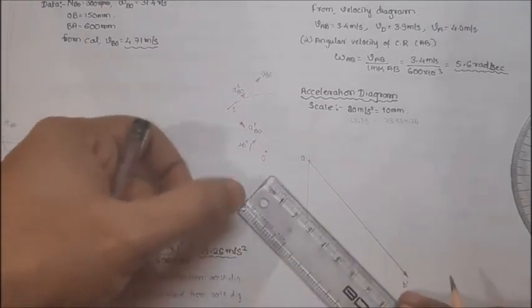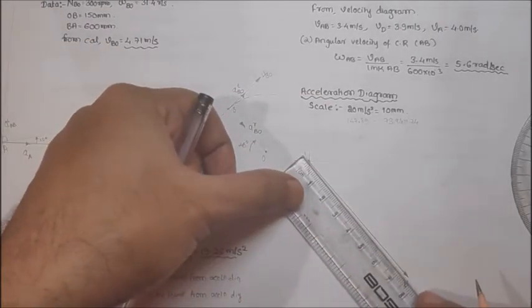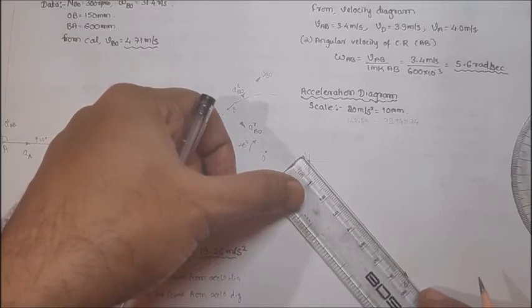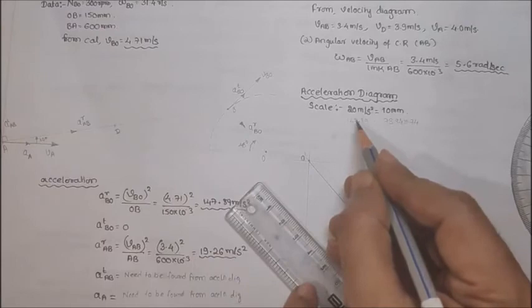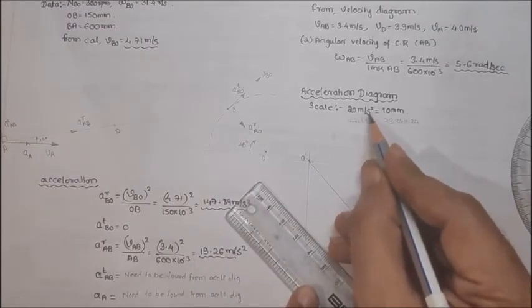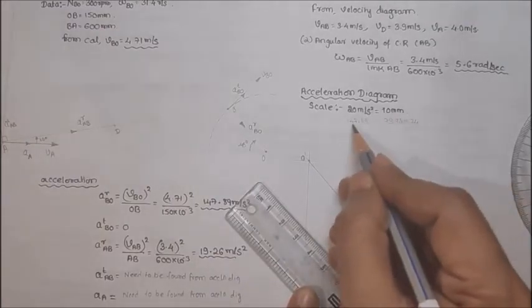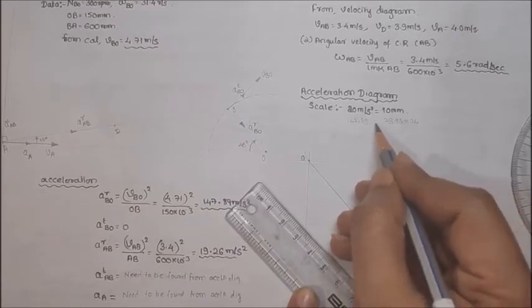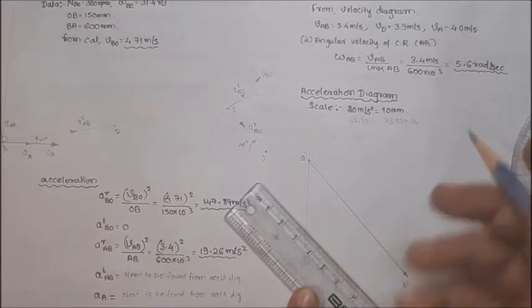Let me verify again. This is 74 mm. For 20 meter per second square it is 10 mm, so for 147.89 it is 73.94, 74 mm.